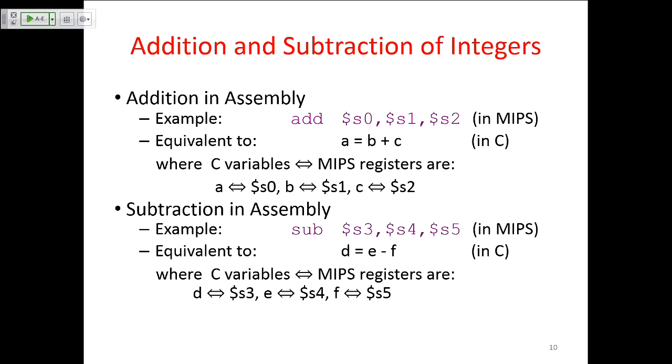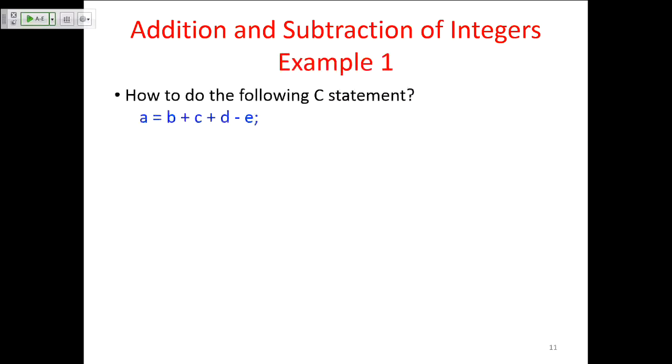Now, a subtract in assembly does the same thing. It has the same order. Instead of add, we use sub. S3 is the target, the same as D, S4 is the same as E, and S5 is the same as F. Okay, so now we have a calculator. We just type this in assembly, and that's it.